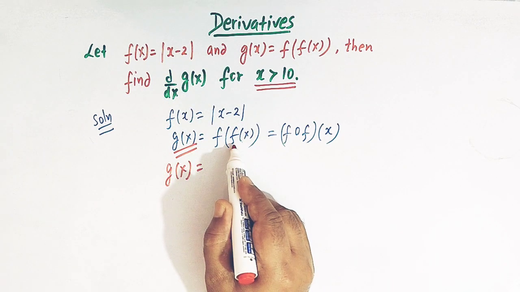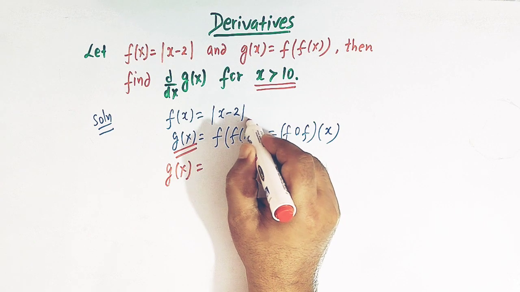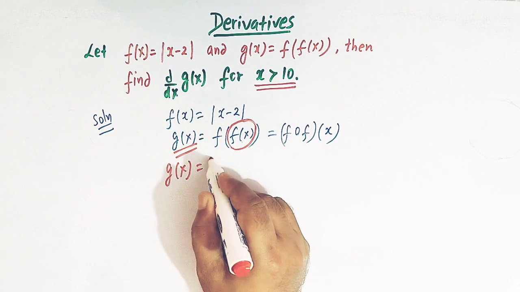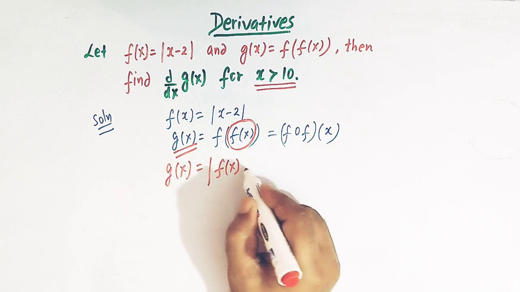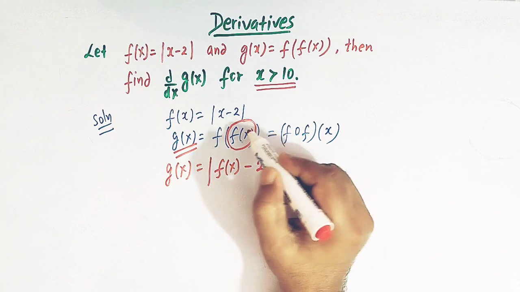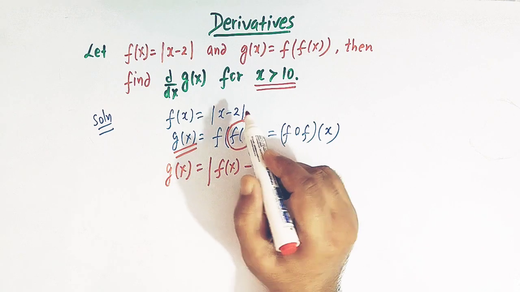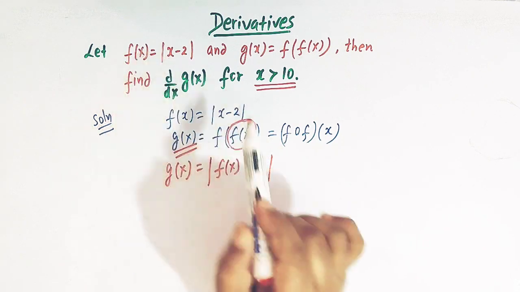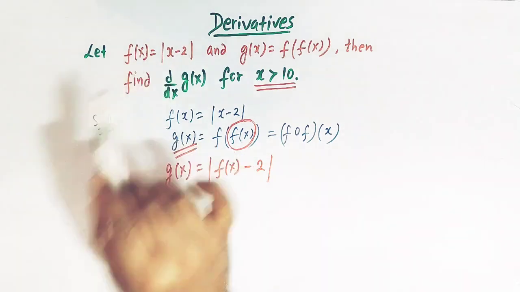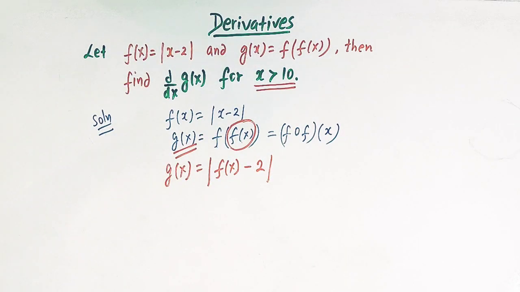So f of f of x can be calculated by taking here f of x in place of x, right?